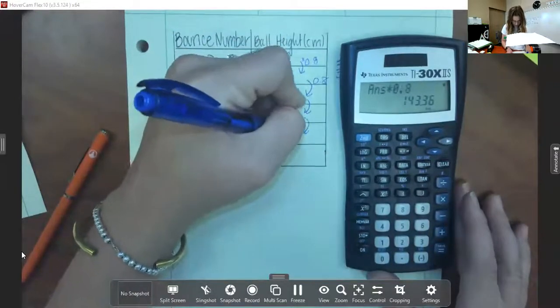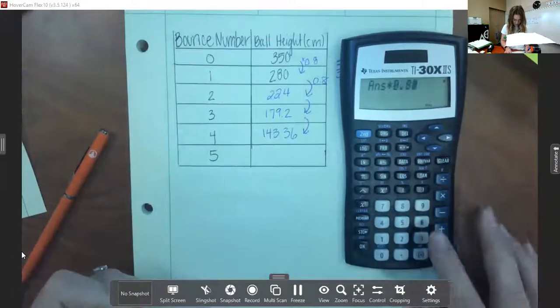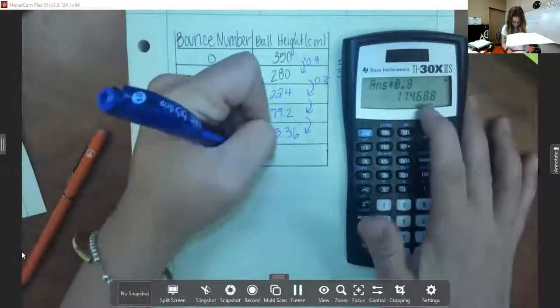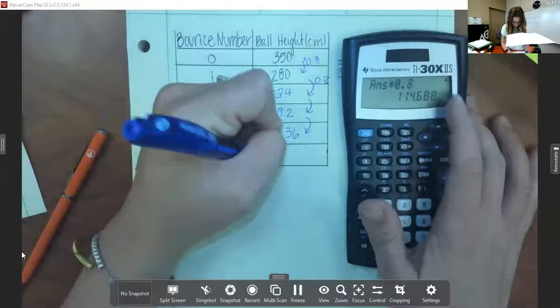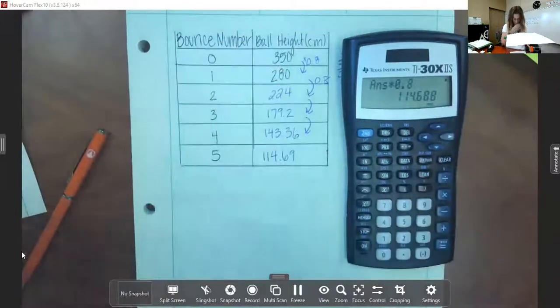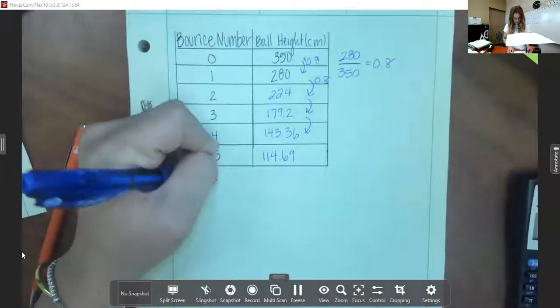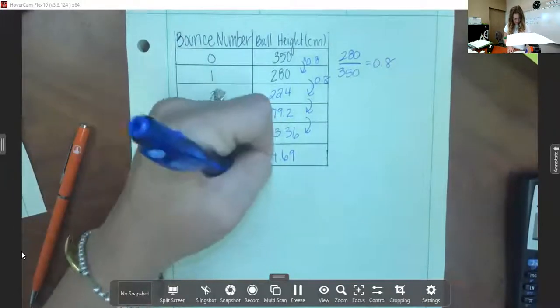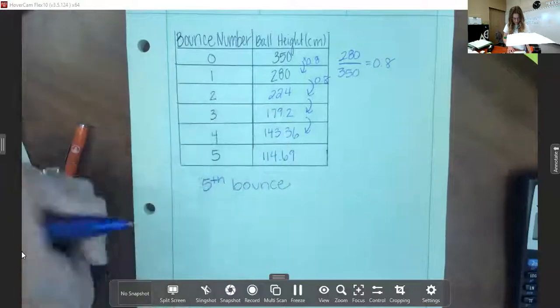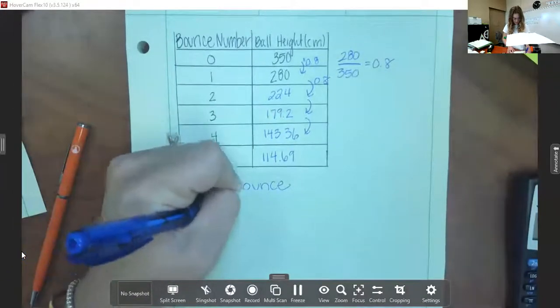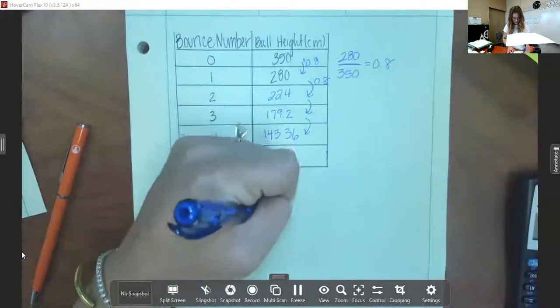All right, 143.36. And this one will round to the hundredths place. All right, so the height of the ball after the fifth bounce is 114.69 centimeters.